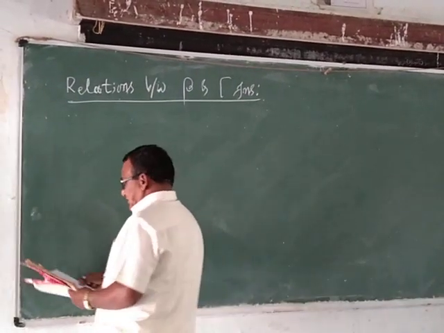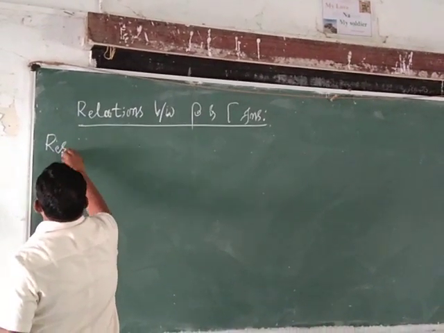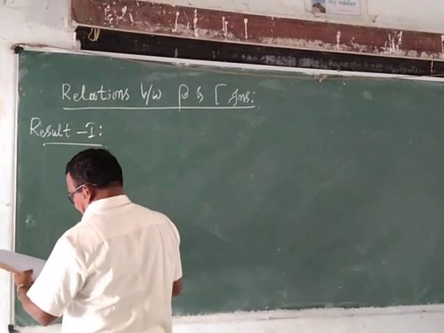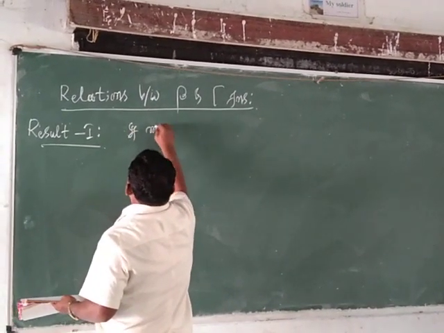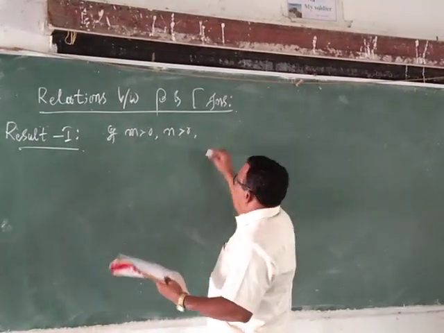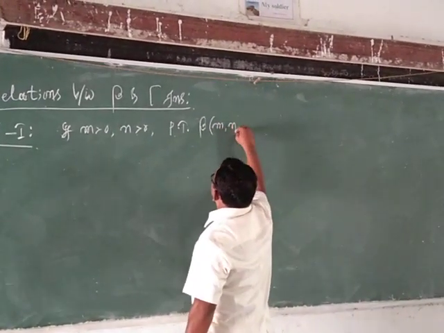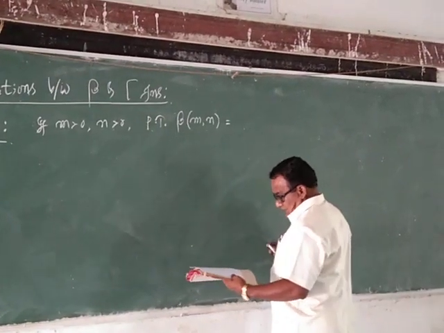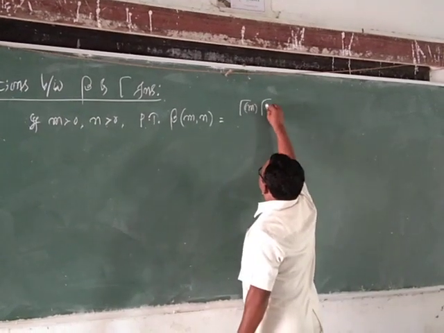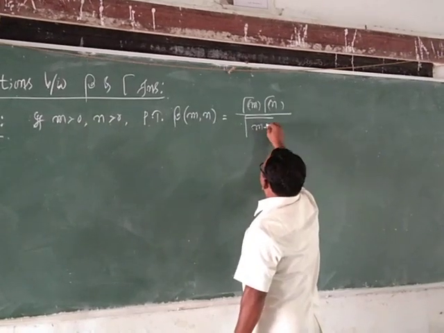Let us take these as results. Among them, first, result number 1 is this: if m is greater than 0 and n is greater than 0, prove that beta(m, n) is equal to gamma m into gamma n divided by gamma(m plus n).